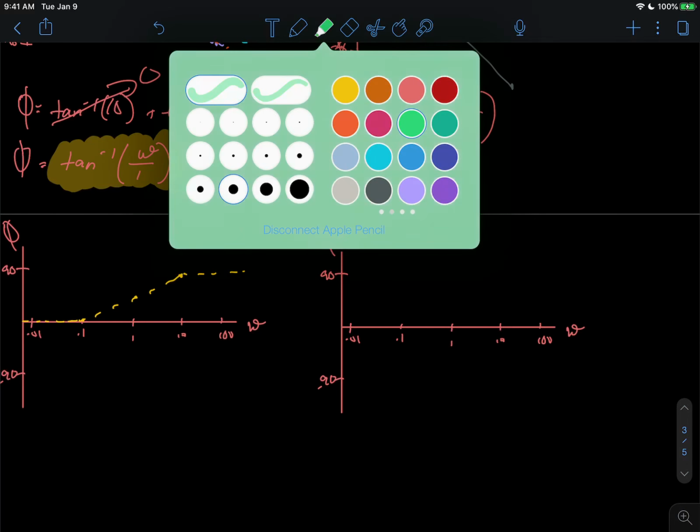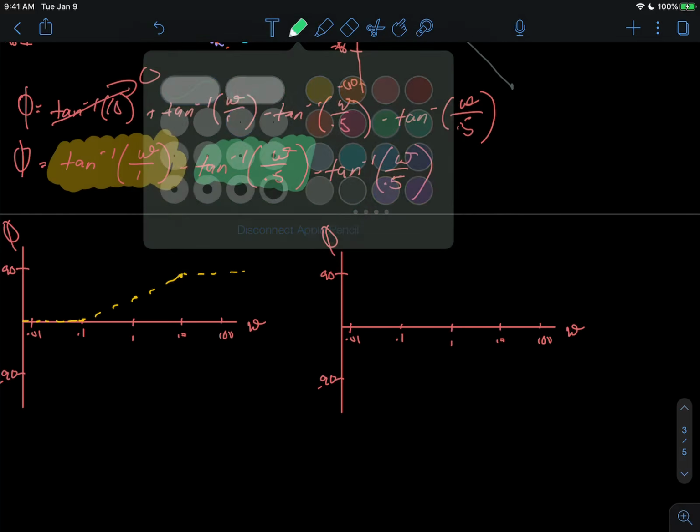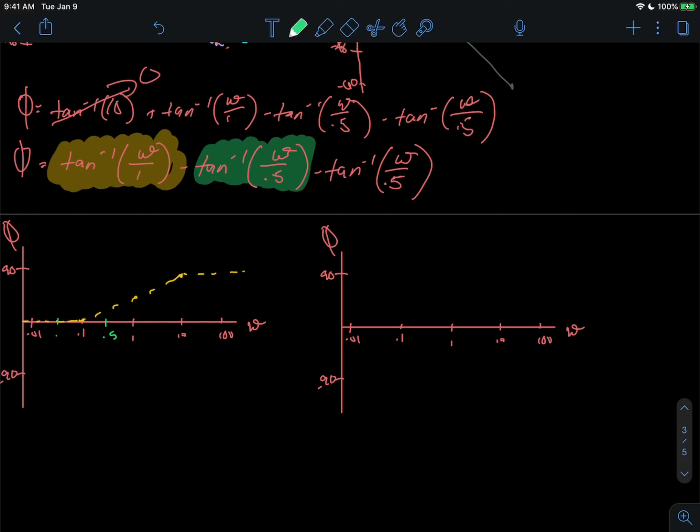And then for this next part right there, inverse tangent of j omega divided by 5. So since it's 0.5, let me draw these points. So 0.5, 0.05, and 5, and that's 50.